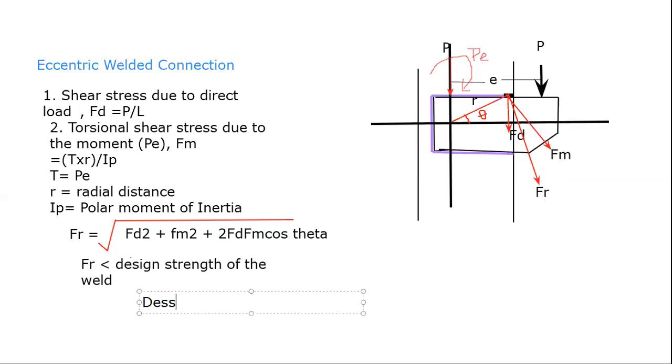Design strength of weld is denoted by FWD, which is equal to FU divided by root over of 3 into gamma MW.